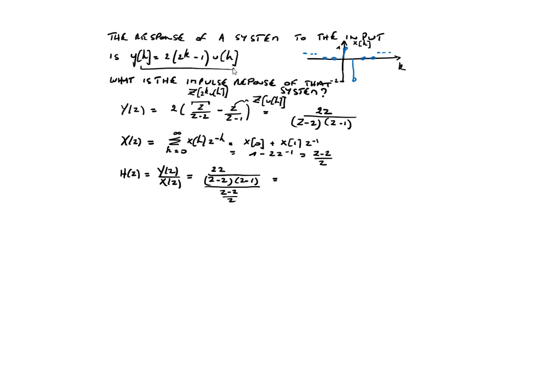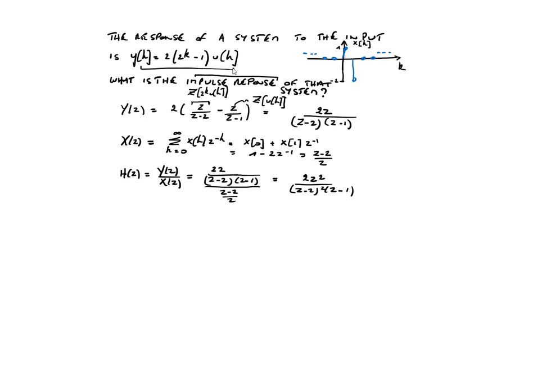So we obtain 2z squared over z minus 2 squared, z minus 1. And we're looking for the impulse response. So the impulse response will be the inverse z transform of the transfer function.